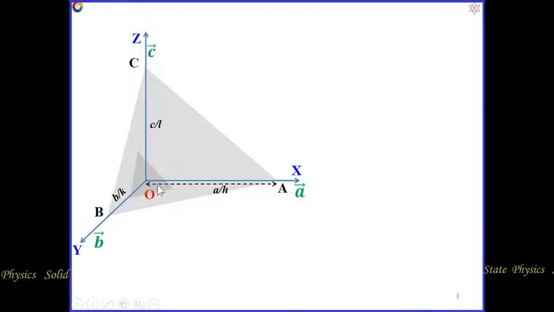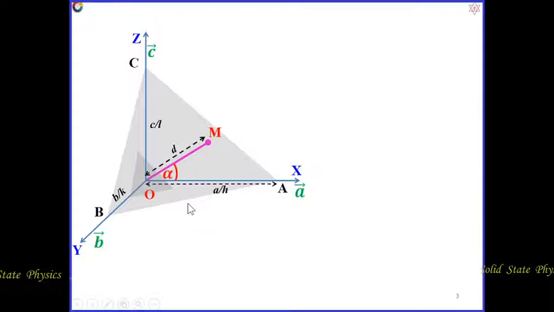If we draw a perpendicular from O to this ABC plane, that is OM, then OM is the interplanar spacing between the two planes, that is d. This distance is the interplanar spacing between the two adjacent parallel planes.